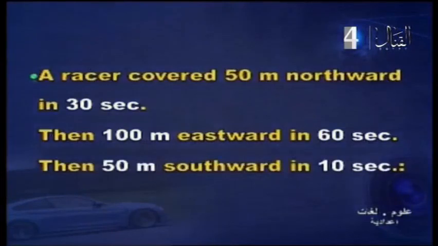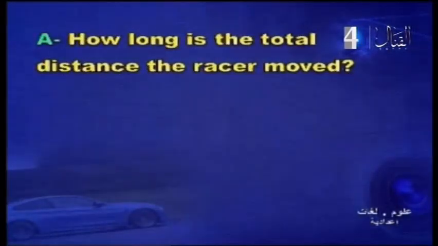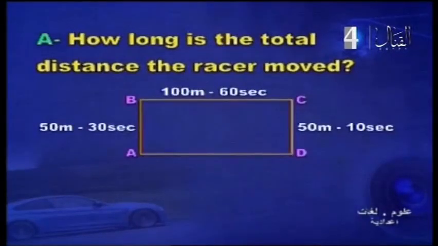A racer covers 50 meters northward in 30 seconds. Okay, we have here distance and time. Then 100 meters eastward in 60 seconds. Another distance, another time. Then 50 meters southward in 10 seconds. How long is the total distance that the racer moved? Okay, total distance we have here.